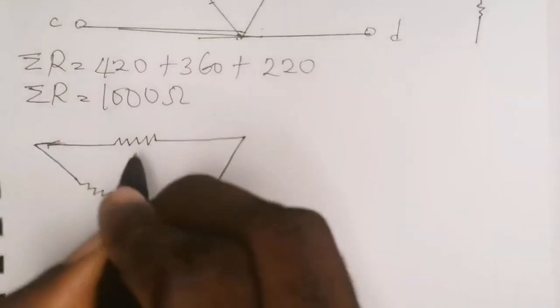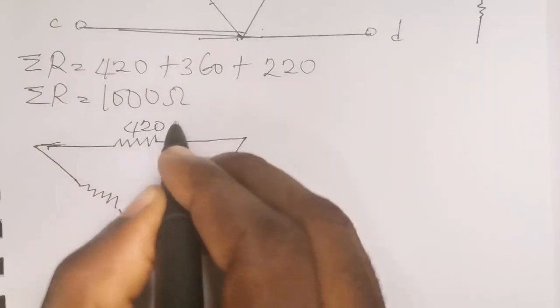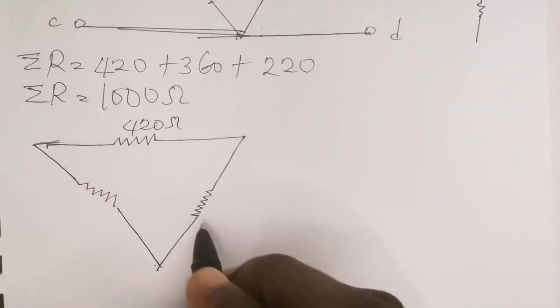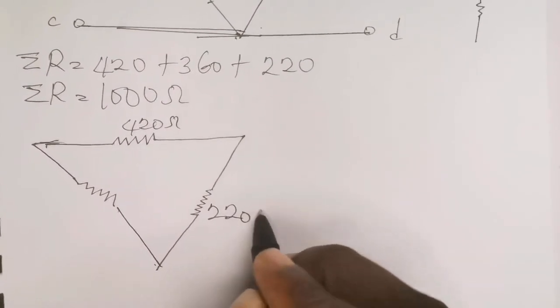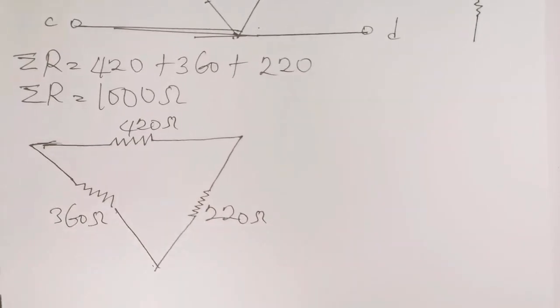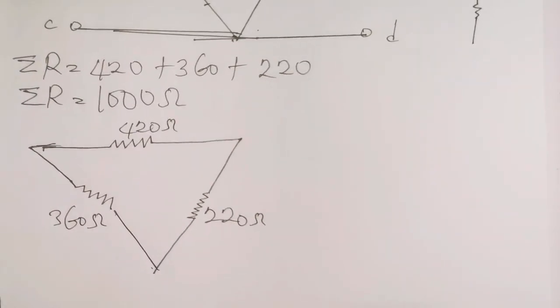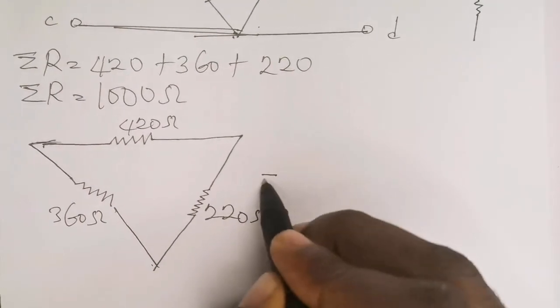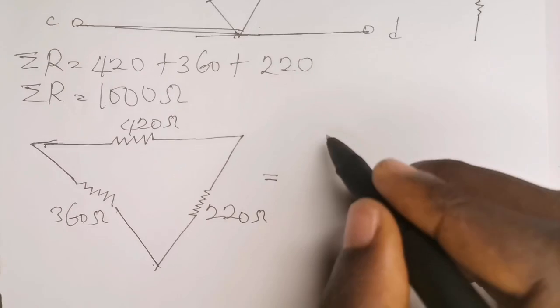Remember, we have here to be 420 ohms, we have here to be 220 ohms, and we have here to be 360 ohms. Now, we want to convert this to an equivalent star network.